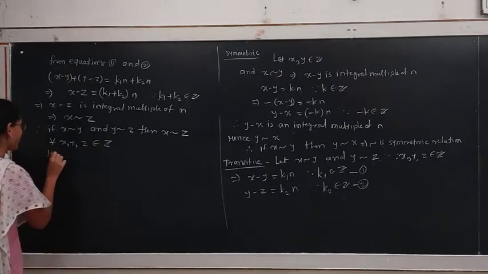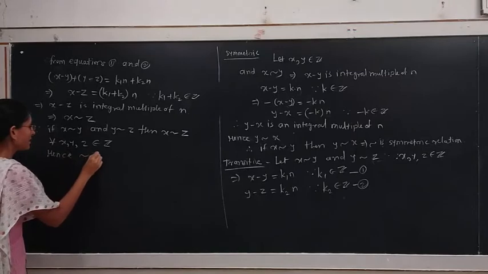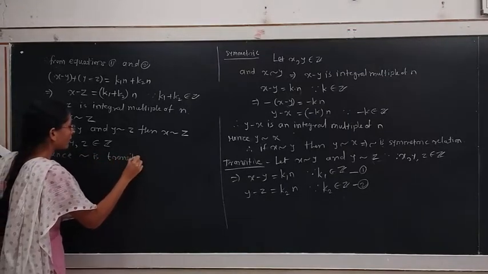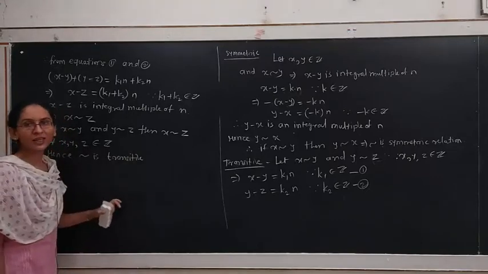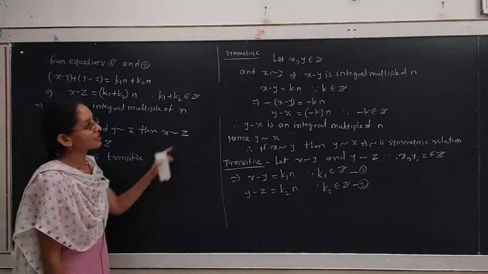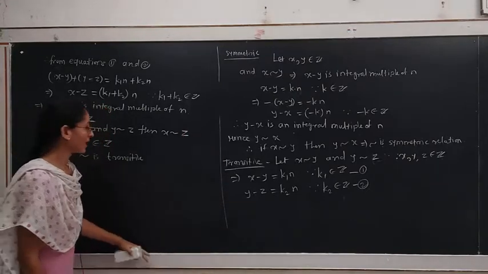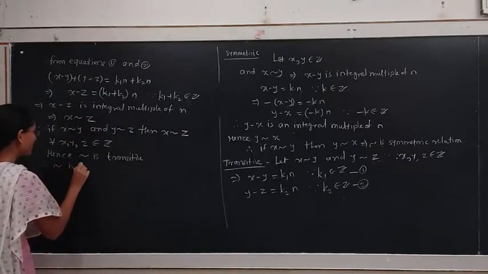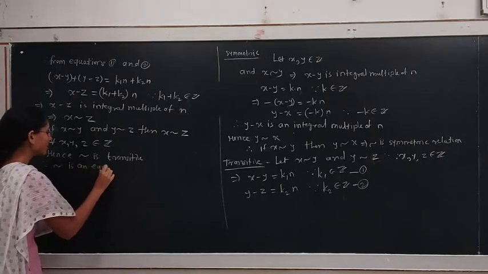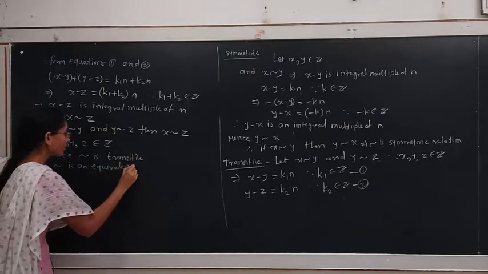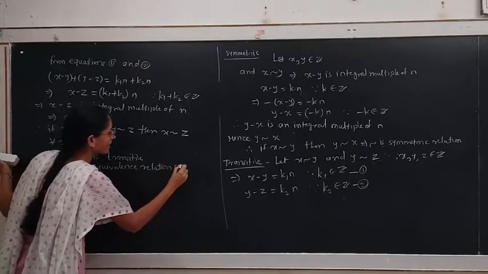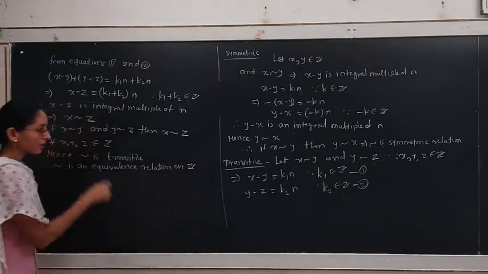Hence, this relation is transitive. This relation is reflexive, symmetric, also transitive, hence it is an equivalence relation. On which set? On the set of integers.